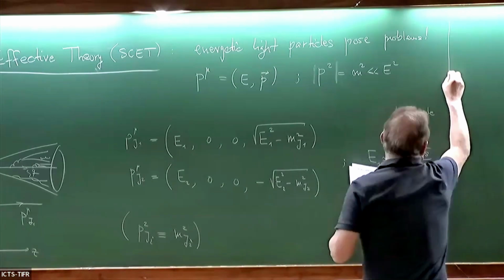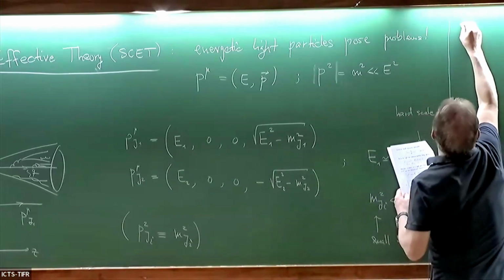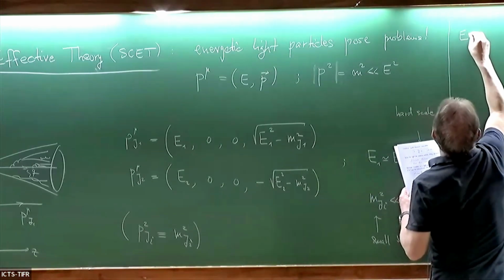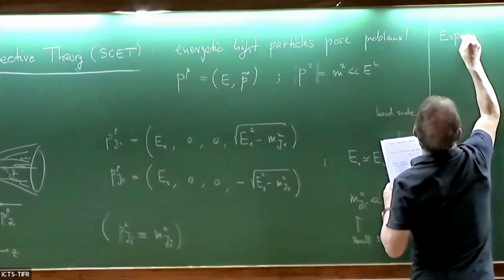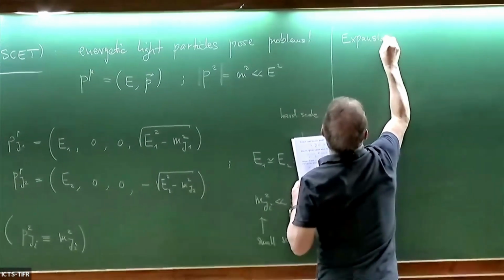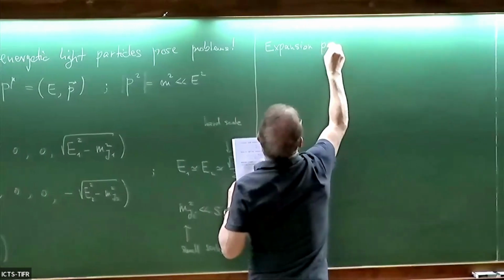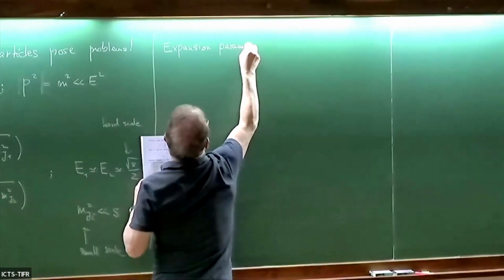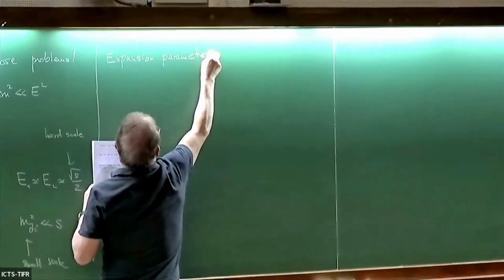Now, what we certainly can do, we can identify an expansion parameter, our little lambda. I think I should write larger again.